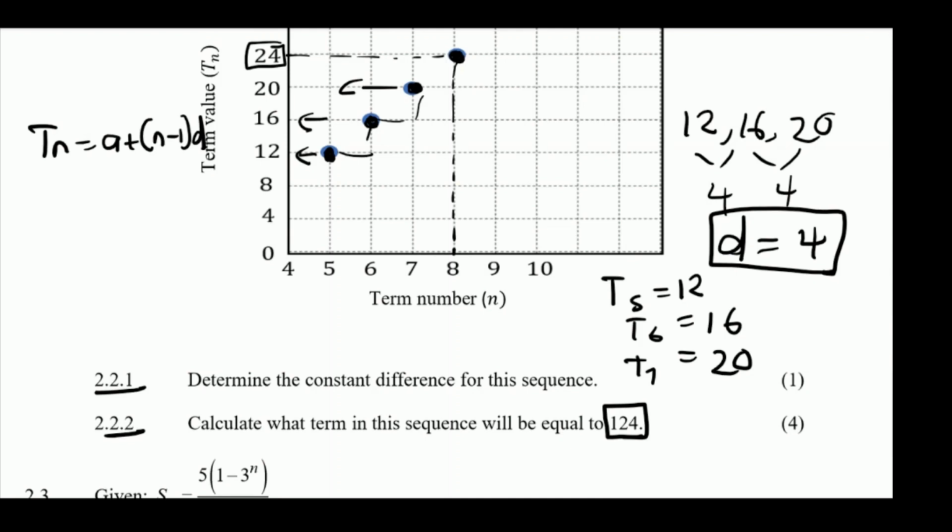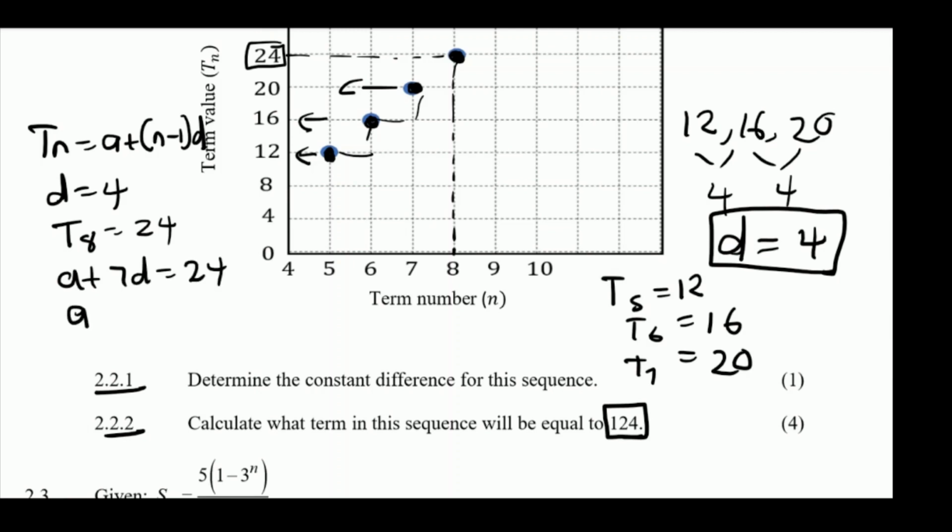Now we don't know the first term, right? But we know the difference. We know that d is equal to 4, and to find the difference we can use any term. We were told that term number 8 is equal to 24, right? Of which term number 8 is equal to a plus 7d is equal to 24, right?